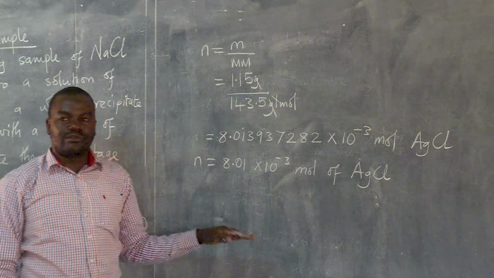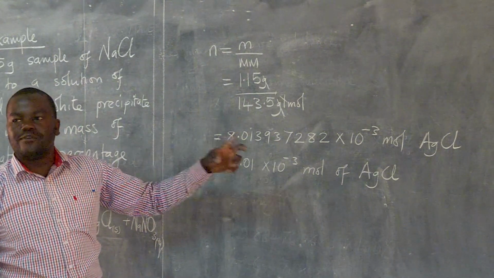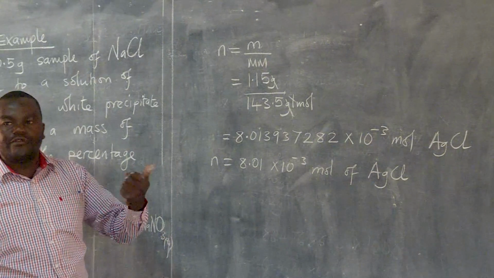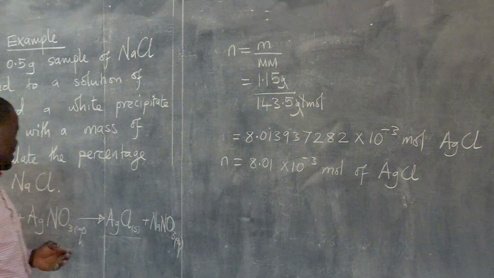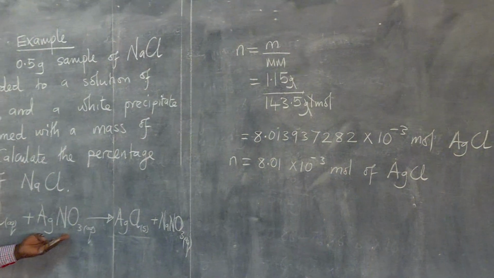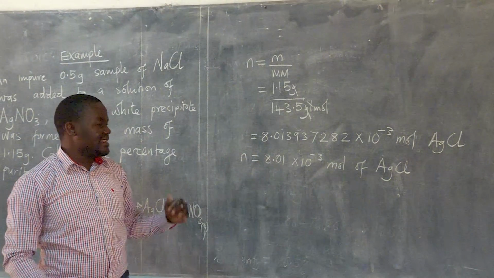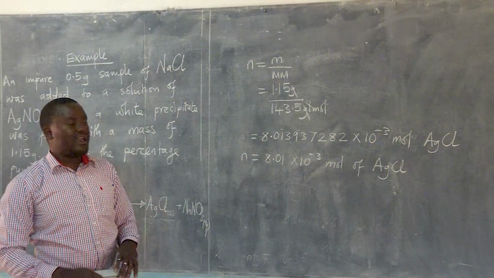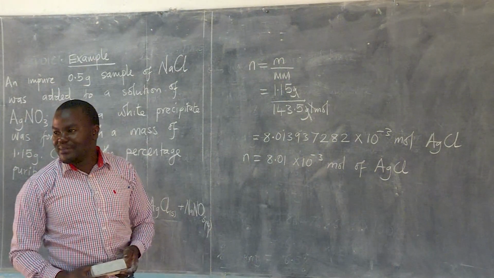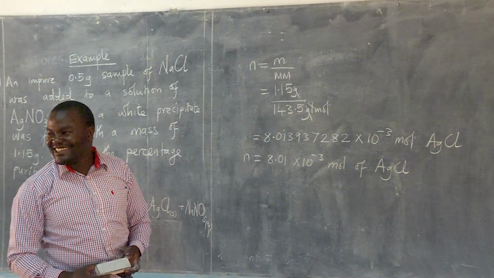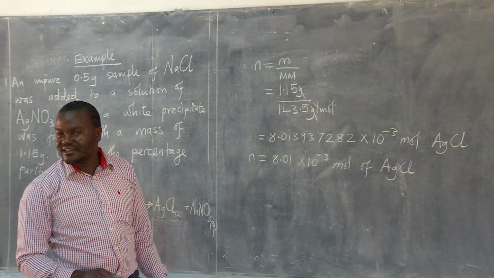We've not been asked to find the number of moles. What we want is to find the mass of the pure sodium chloride which reacted with silver nitrate. So after finding the number of moles for silver chloride, what are we supposed to do? Yes, Maxencio. We will equate the number of moles of silver chloride to sodium chloride.